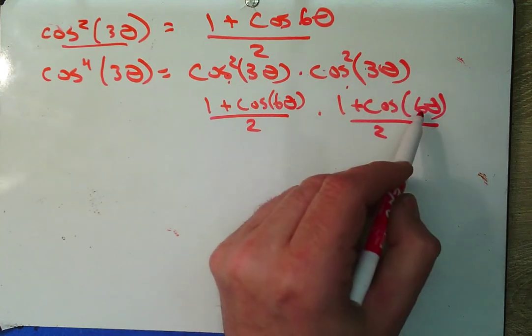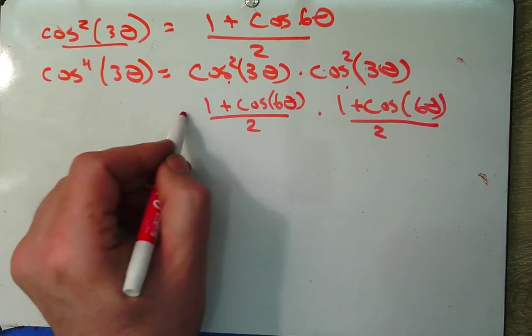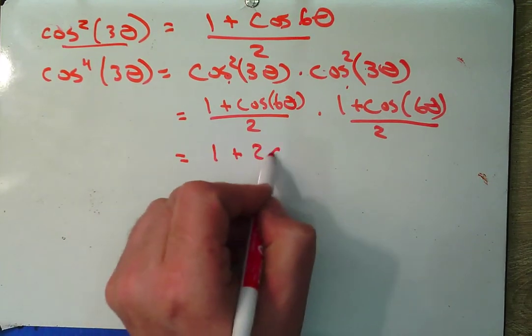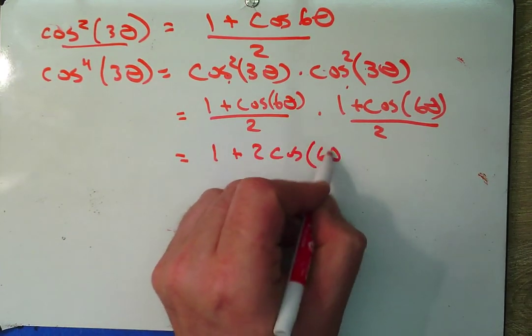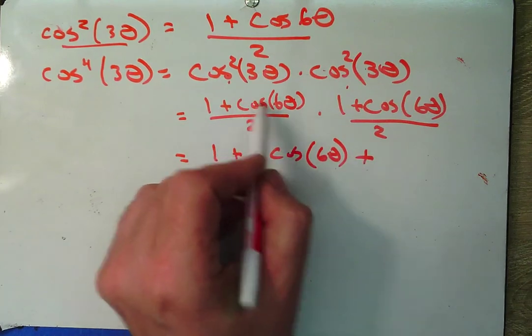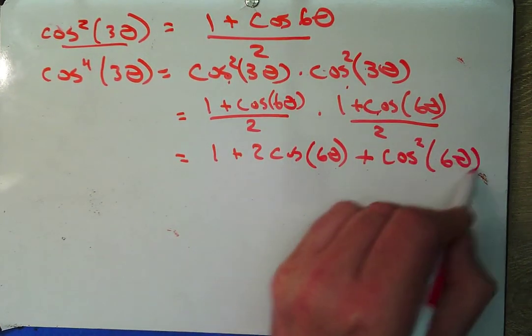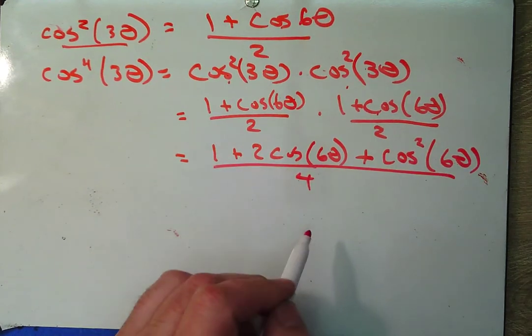This angle doubles. I need to FOIL on top, and so I'll have 1 plus 2 cosine 6 theta plus cosine times cosine is cosine squared 6 theta over 4.